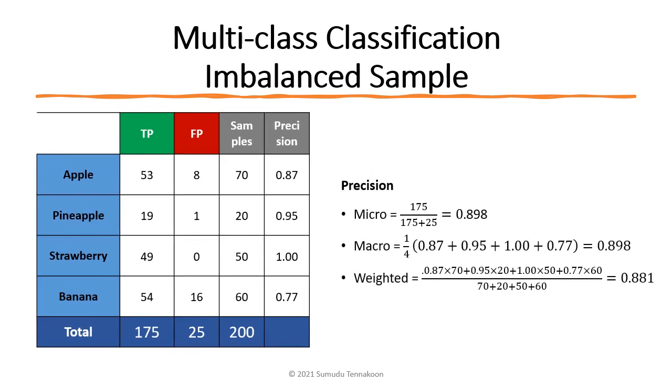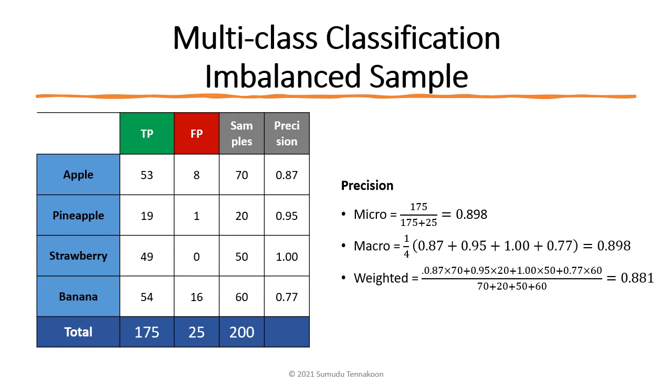Now, when we compute the precision for this multi-class classification problem with imbalanced samples, the micro average precision is 0.898, which is 175 divided by 200. The macro average precision, where all four class precisions are added together and divided by the number of classes, gives you 0.898, the same value.